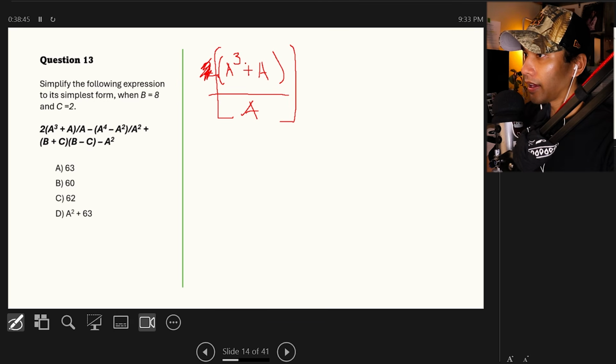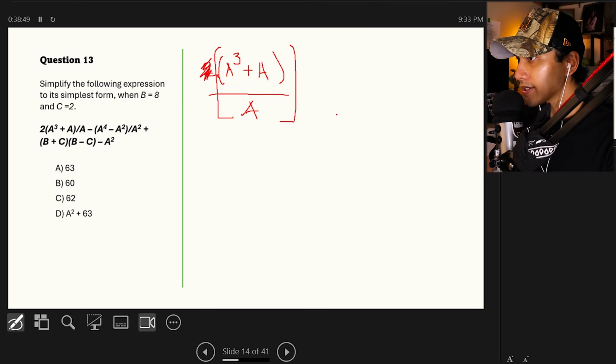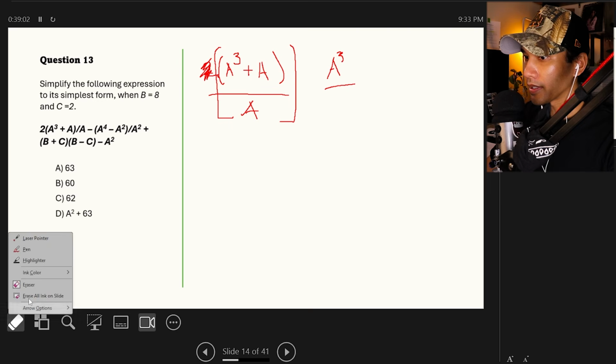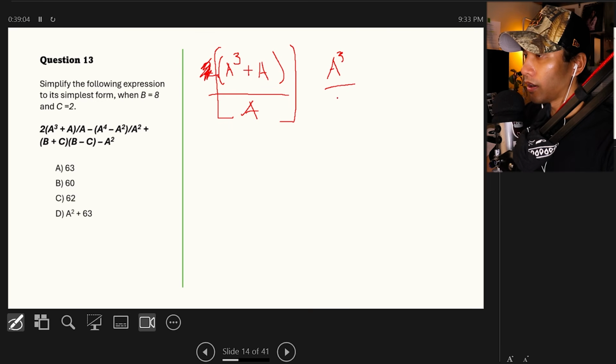All right. A cubed plus a divided by a. That's the same thing as a cubed over a plus a over a, right?